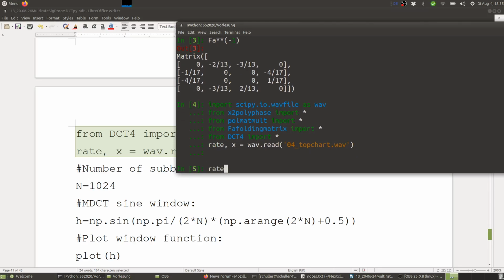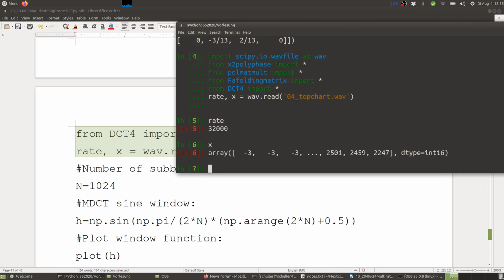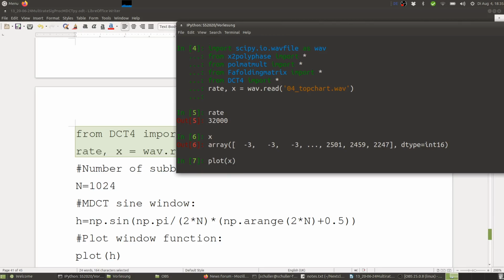Yeah, so here we can see rate is the sampling rate. It's now 32 kilohertz, and x contains now our audio signal. So here you can see the audio signal. You can also see the plot of x. It has quite a number of samples, so it takes a moment.